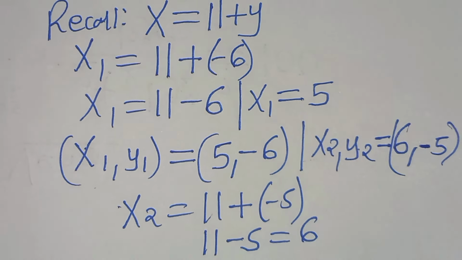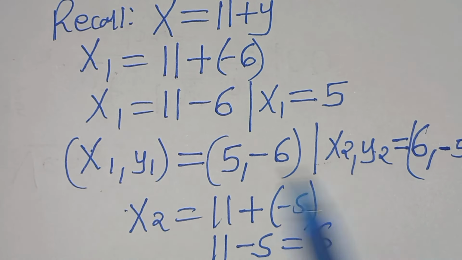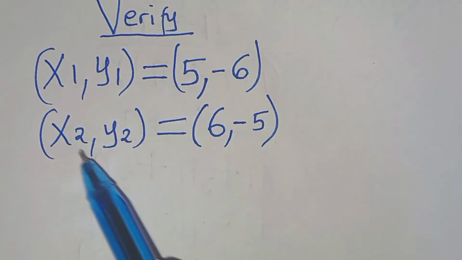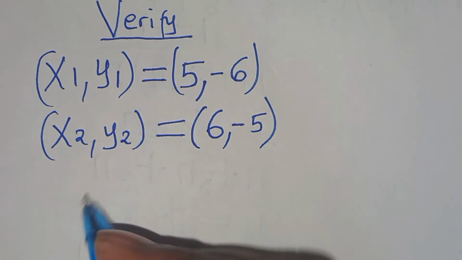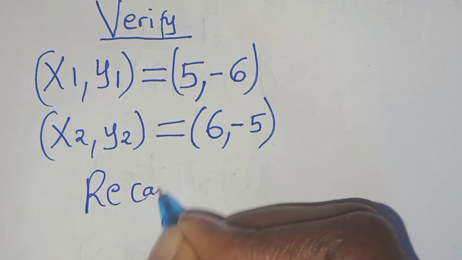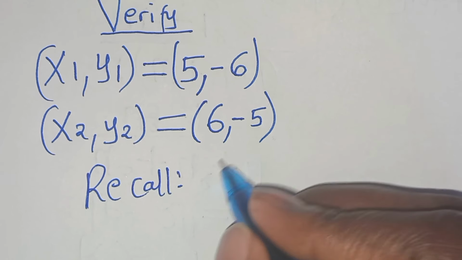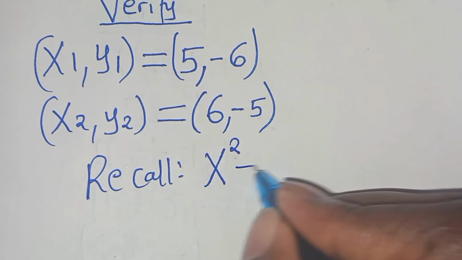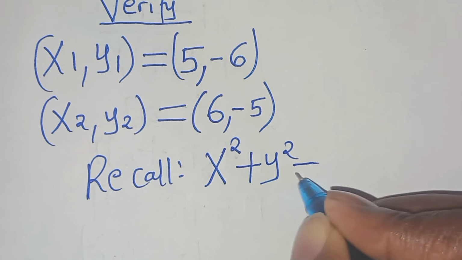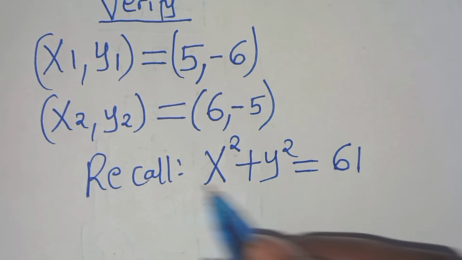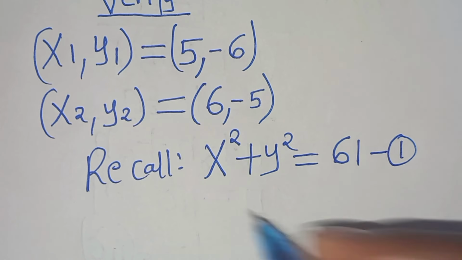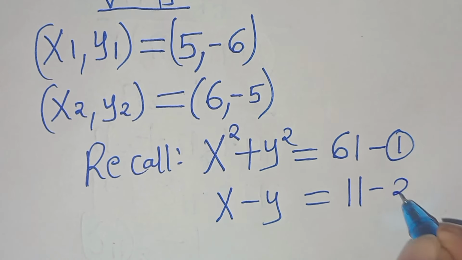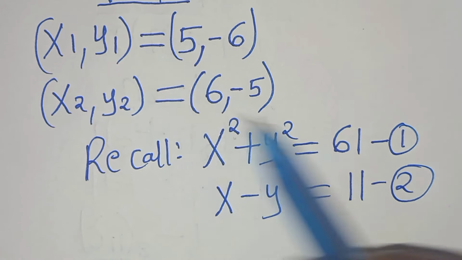The next step is to verify that these two sets of solutions satisfy the equations. If you recall, equation 1 is x squared plus y squared, which should give us a value of 61, and equation 2 is x minus y, which should give us a value of 11. So let's check x1, y1 using equation 1.